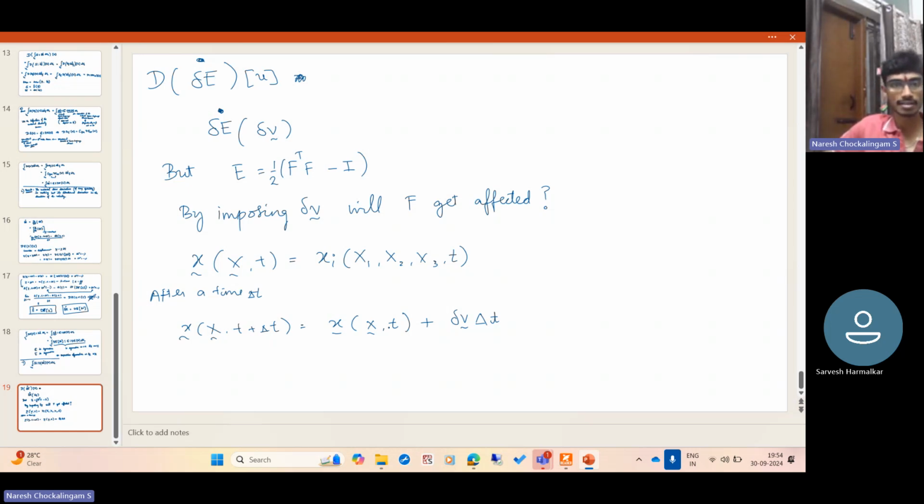Now let's take a gradient on both the sides. If we take a gradient, we see that F of x comma t plus delta t will be F of x comma t plus the gradient with respect to the original coordinates, del v del t.